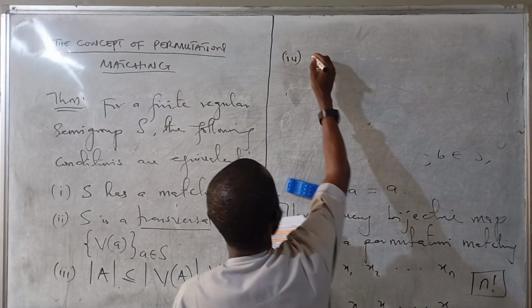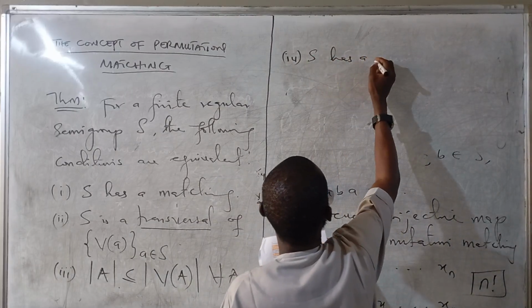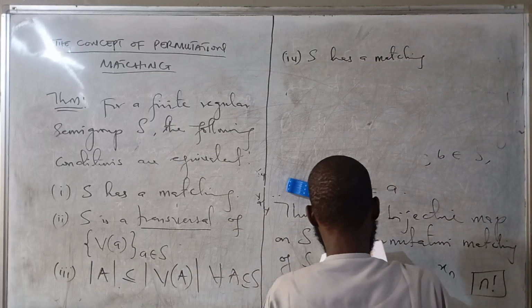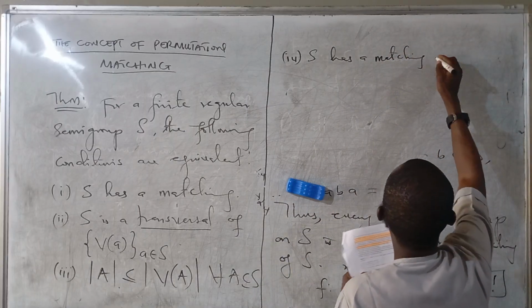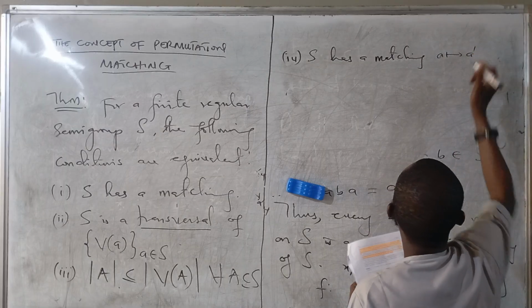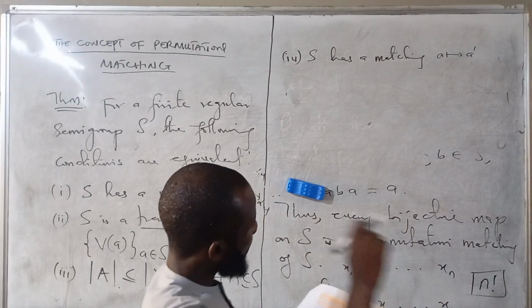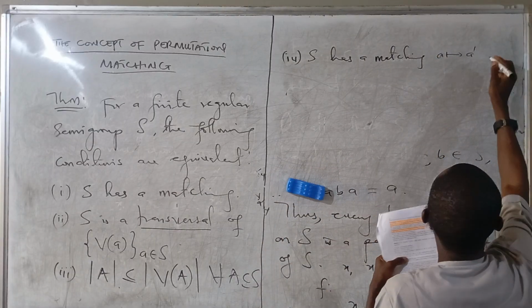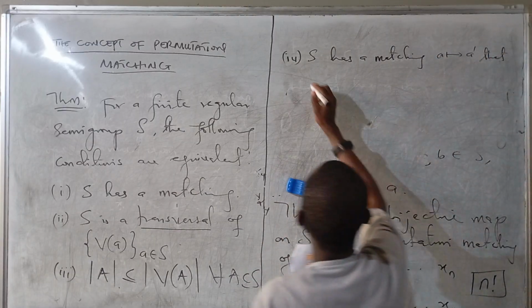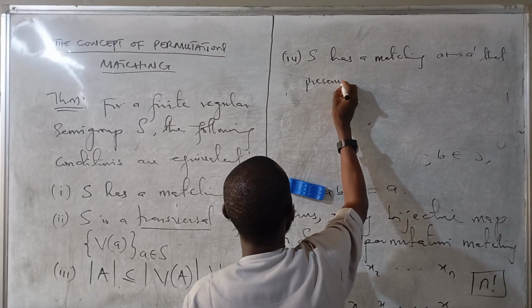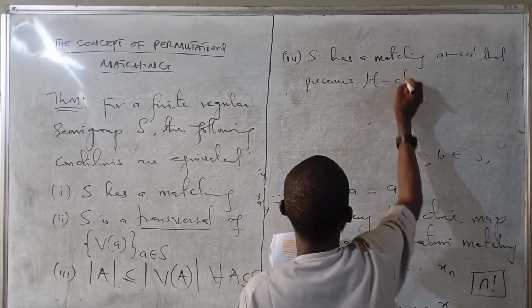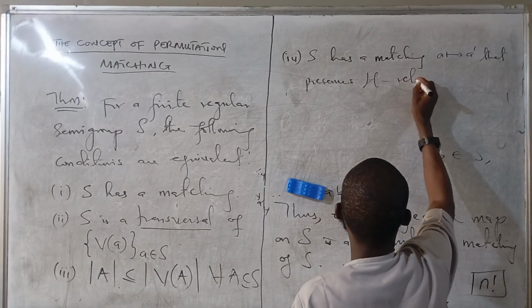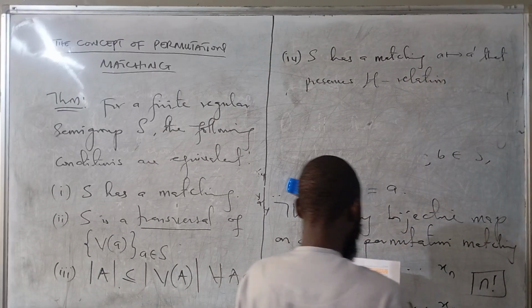That S has a matching, that is a permutation matching, the matching sending an element to its inverse. This kind of matching, and that preserves H classes, or H relation, Green's H relation.